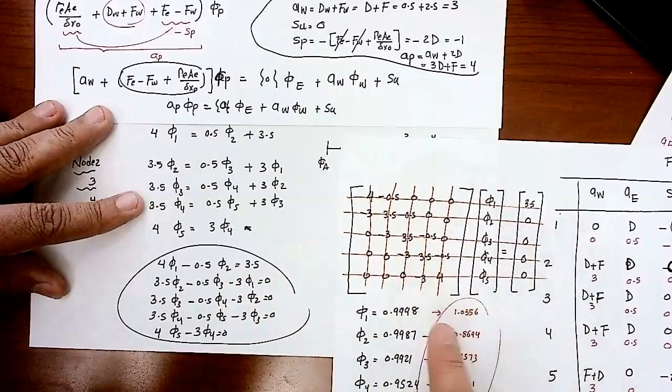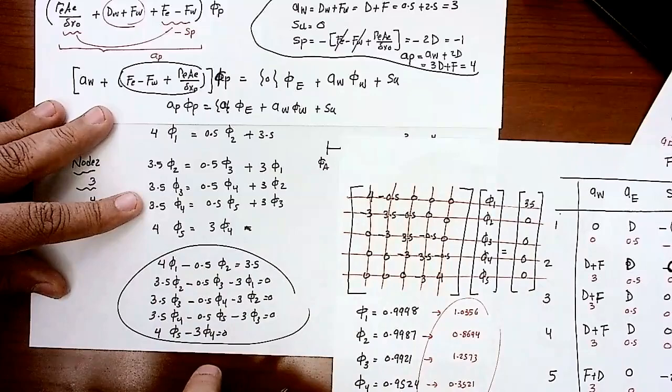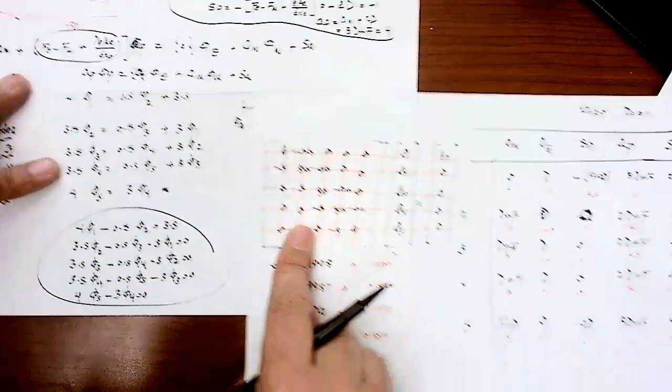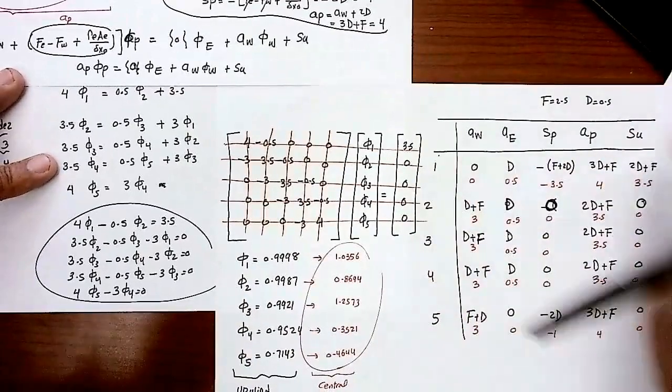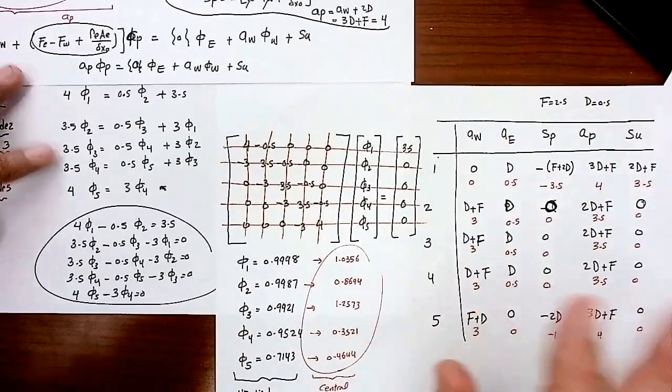And the rest of the equations are satisfied here. I'm just double checking: if you build up these equations manually and extract the coefficient matrix, it exactly matches what you build using the coefficient table. That's why it is very important to write that coefficient table, to be sure that everything is done correctly.